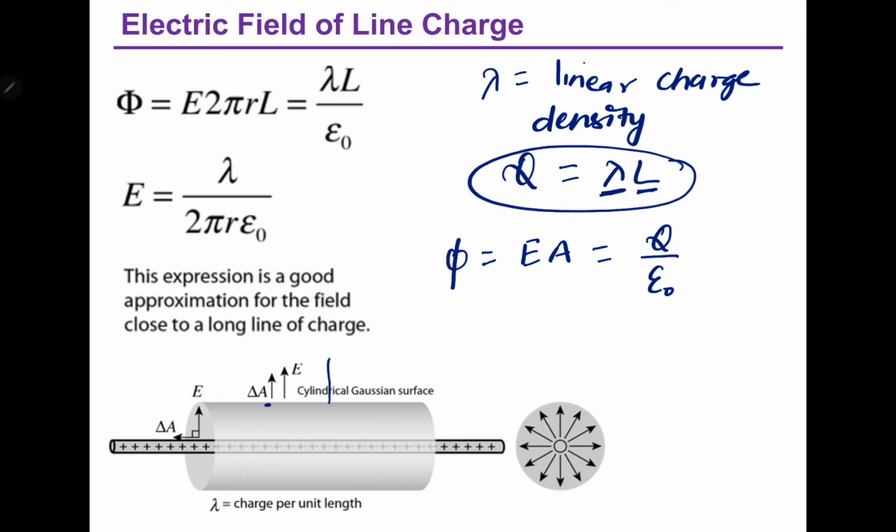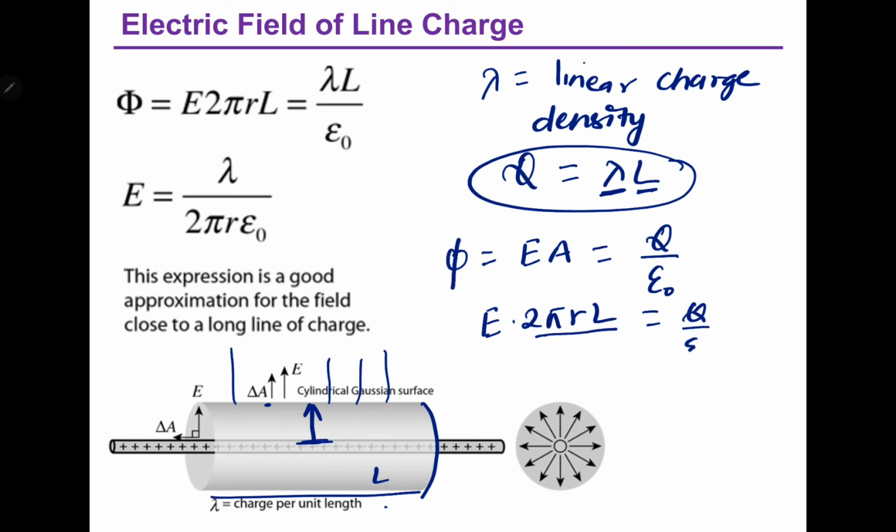The surface area of the curved surface of a cylinder is equal to 2 pi r L. The r is the radius of this cylinder, and the length is L. So E times the area is equal to Q divided by epsilon naught. From there, you'll get E equal to Q over the area.